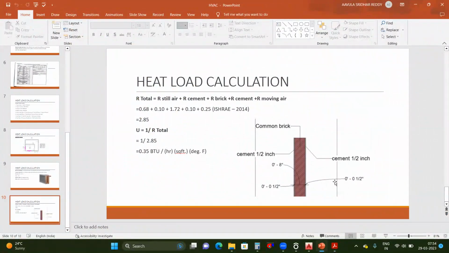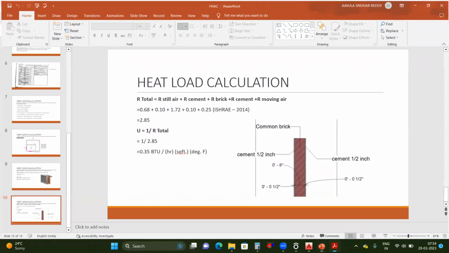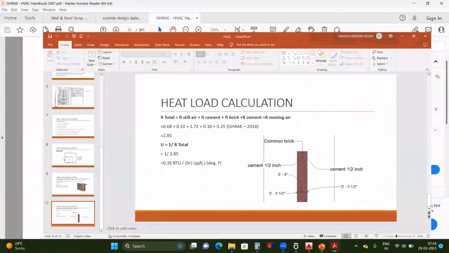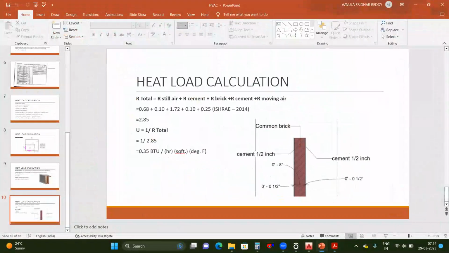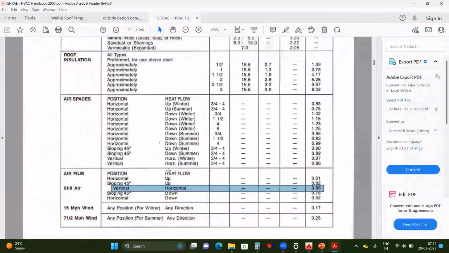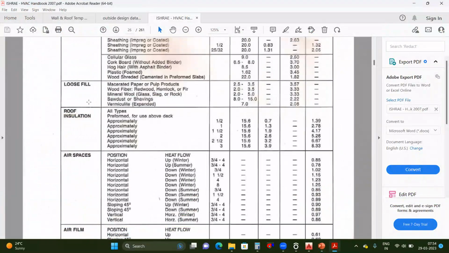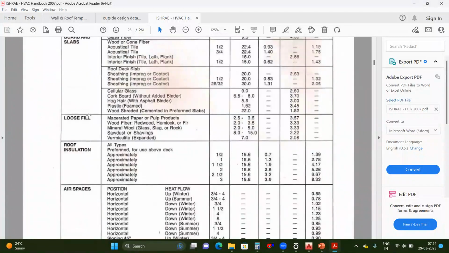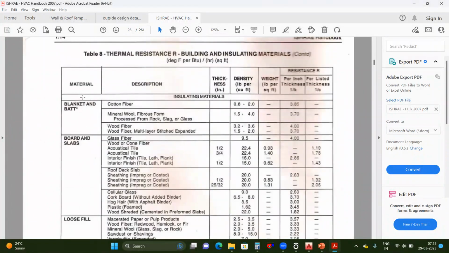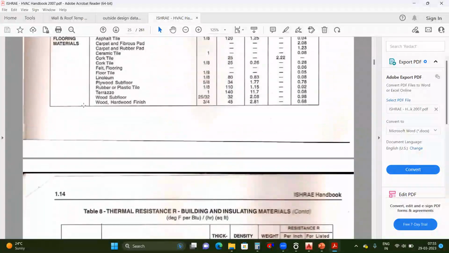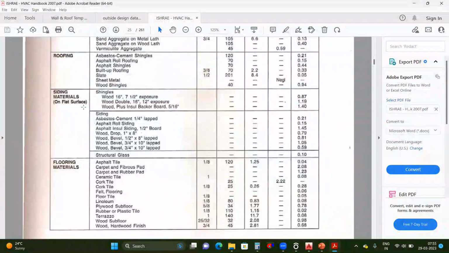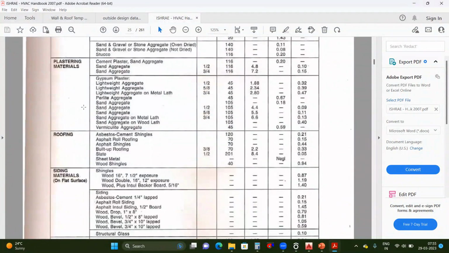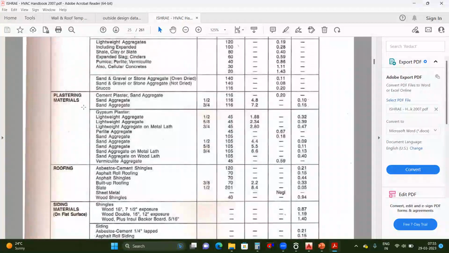And next one is cement, 1 by 2 inch. So for the cement value, we need to go to insulations, loose fill, boards and slab. Yes, we can see plastering material here.